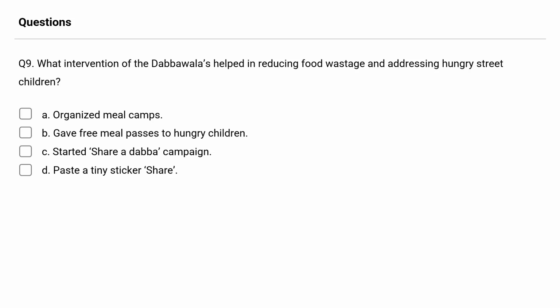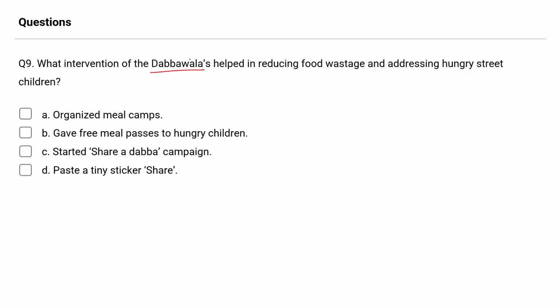Let's come to our second last question. What intervention of the Dabbawalas helped in reducing food wastage and addressing the hungry street children? Okay, so think about it. It's quite one of the direct responses.